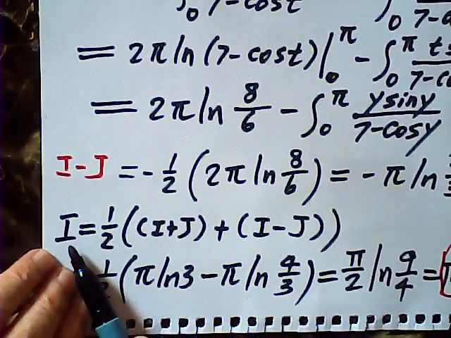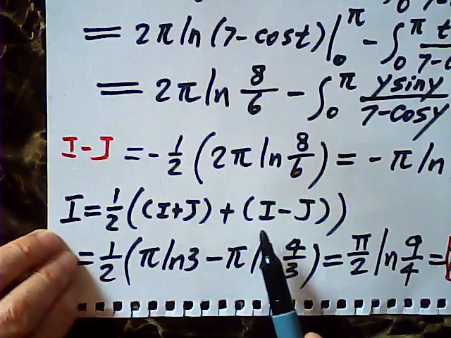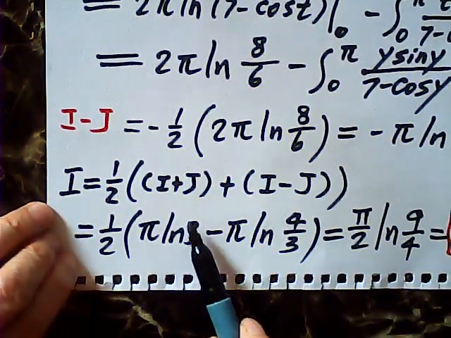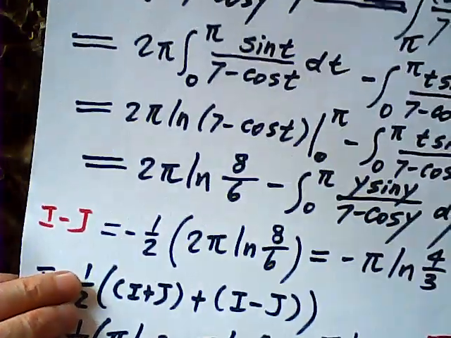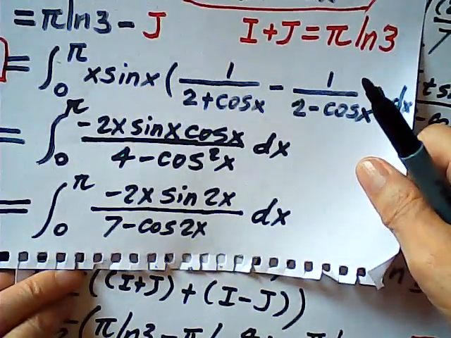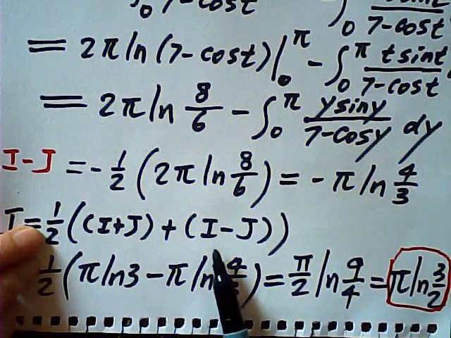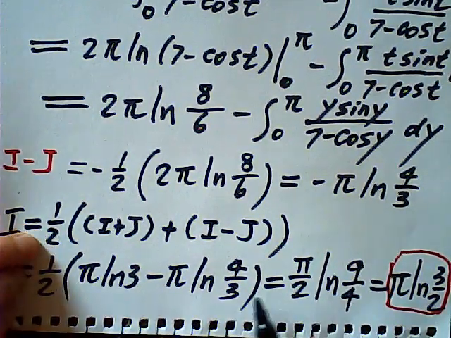Then I is equal to half of I plus J plus I minus J. I plus J we have had right here, this is pi log 3. And I minus J is this.